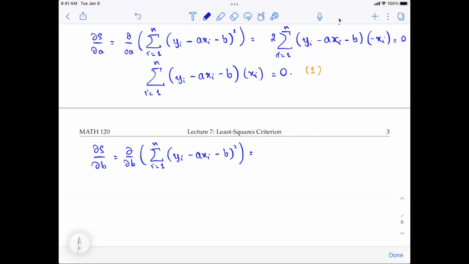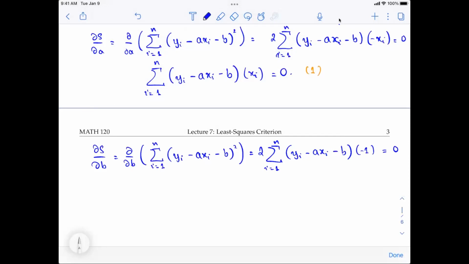So you're going to take down the 2 times the summation for i going from 1 to n of (y sub i minus a times x sub i minus b). Right. Now you multiply with the derivative of the inside function. Remember, this is a constant. This part is a constant because you take the partial derivative with respect to b. So the partial derivative with respect to b is -1. You set this equal to 0 as well.